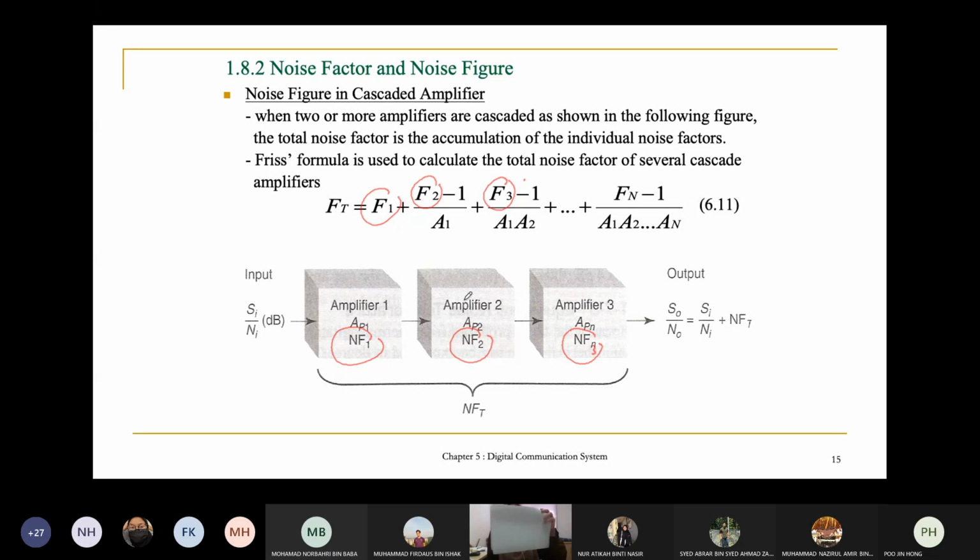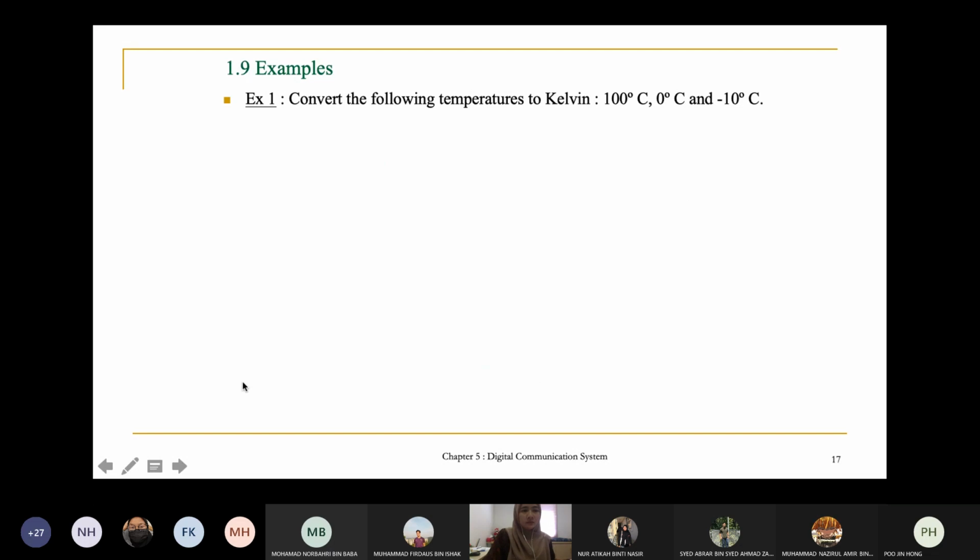So now let's do examples. The first example is where the question asks you to convert temperature to Kelvin. This one is very simple. Given the temperature in degrees Celsius, you need to convert it to Kelvin. You just need to add 273.